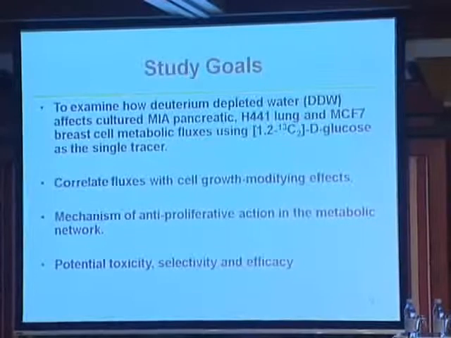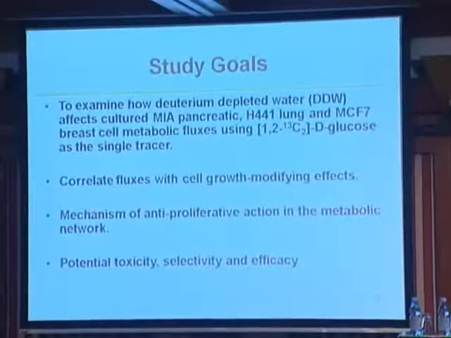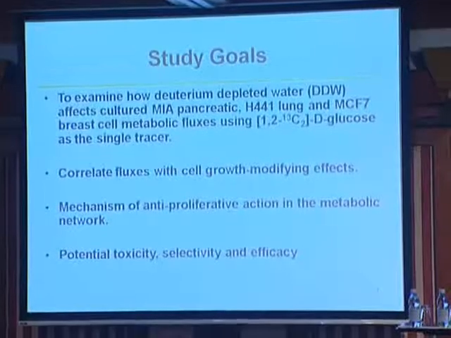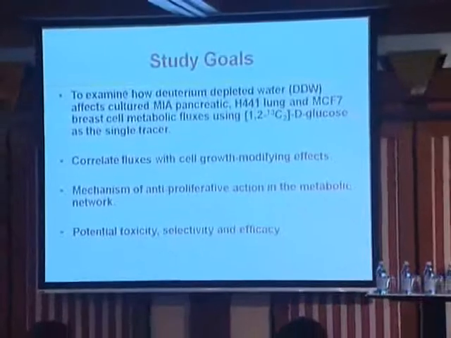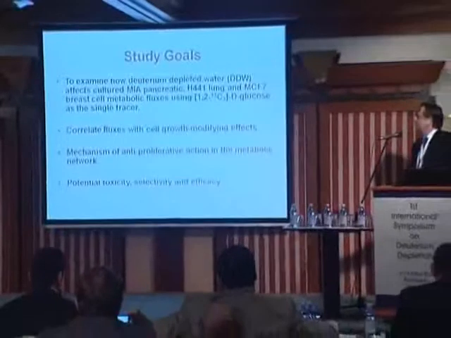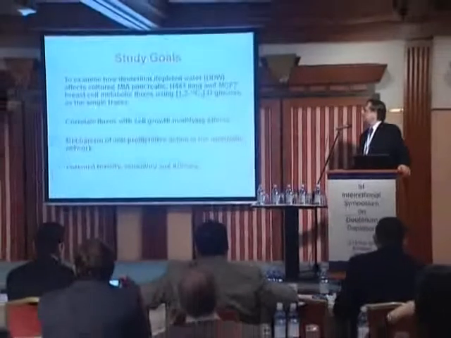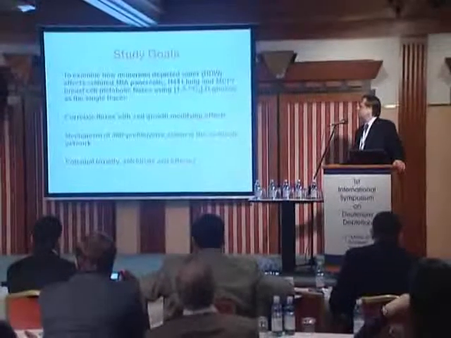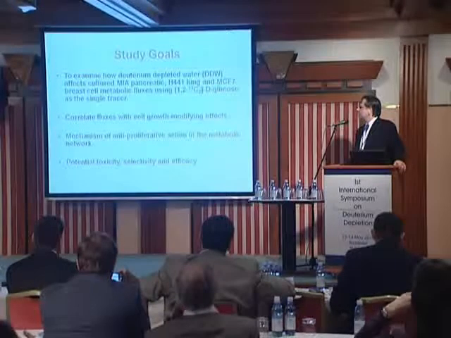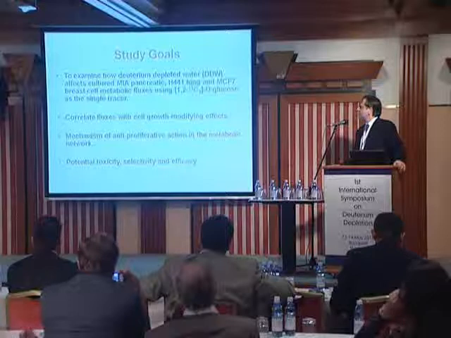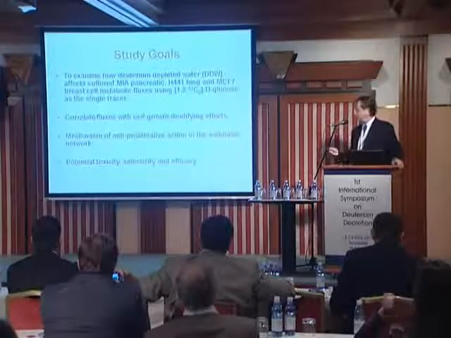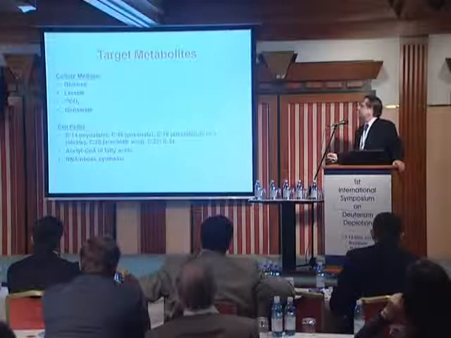So the main aim was to find out the underlying mechanism of altering cell proliferation of in vitro grown tumor cells. And we were keeping in mind that there may be certain markers of toxicity, and how selective the deuterium depleted water is on various biochemical reactions, as well as how efficacious this particular treatment modality is.